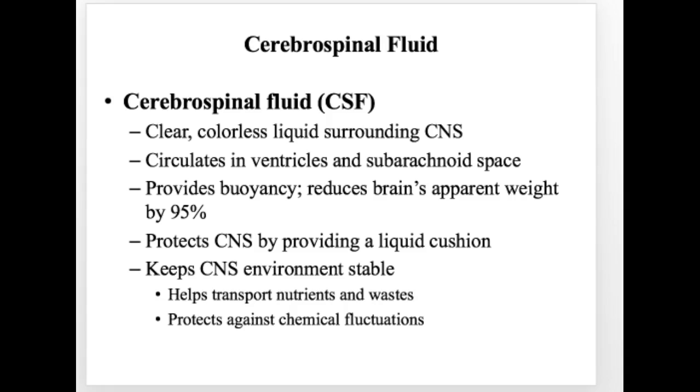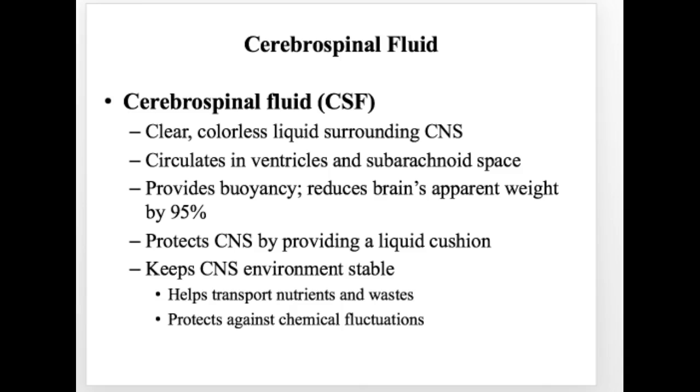Cerebrospinal fluid is a clear, colorless liquid surrounding the central nervous system, so surrounding both the brain and the spinal cord. And as I mentioned, it circulates in the ventricles as well as the subarachnoid space, or the space between the pia mater and the arachnoid mater meninge layers. This liquid is very important in providing buoyancy and reduces the brain's apparent weight by 95%.